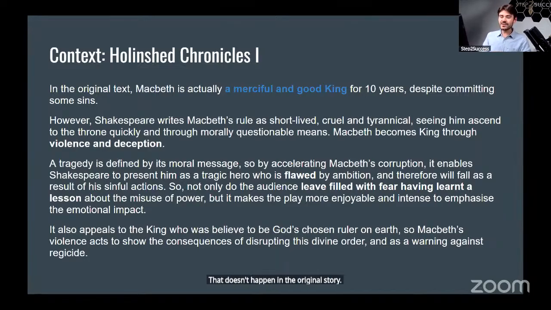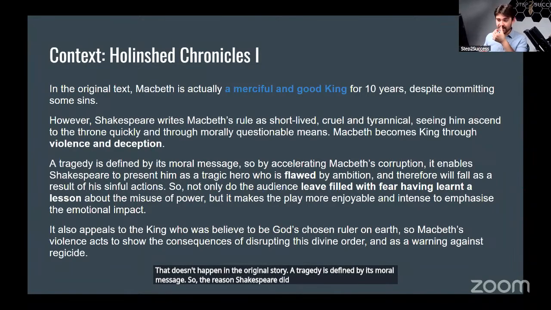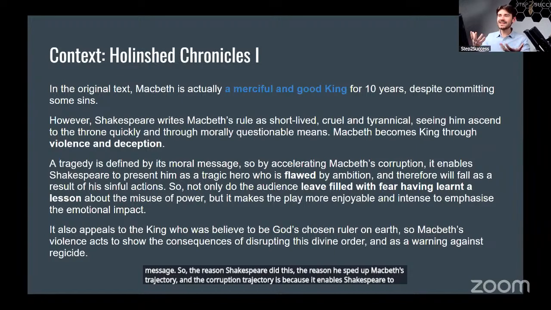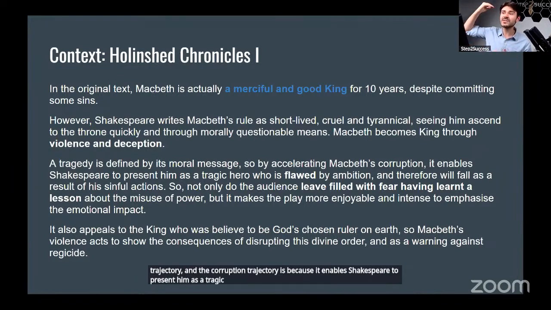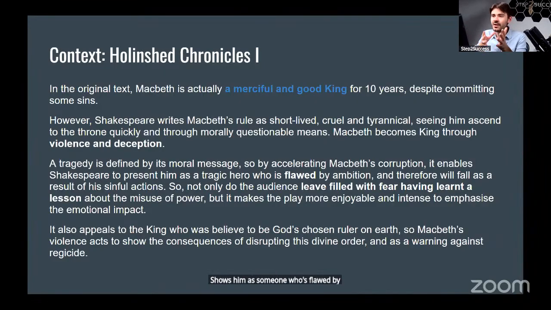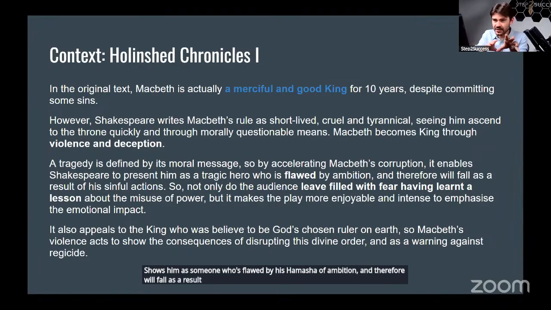A tragedy is defined by its moral message. So the reason Shakespeare did this, the reason he sped up Macbeth's trajectory and the corruption trajectory, is because it enables Shakespeare to present him as a tragic hero, someone who starts high and ends down here. Shows him as someone who is flawed by his hamartia of ambition and therefore will fall as a result of those sinful actions.